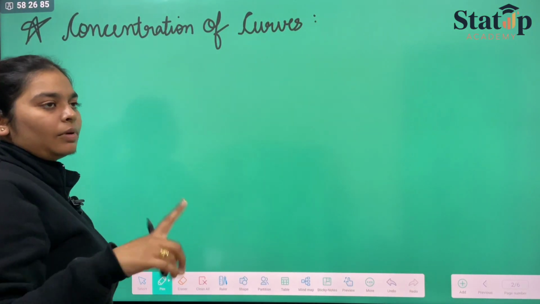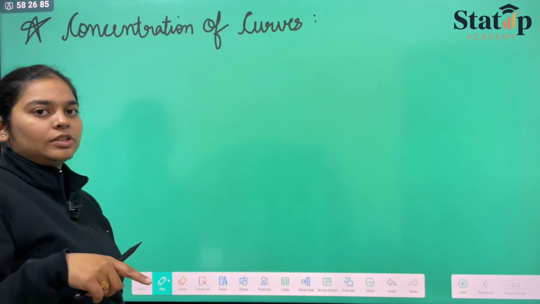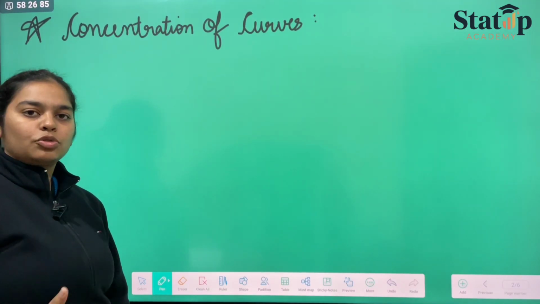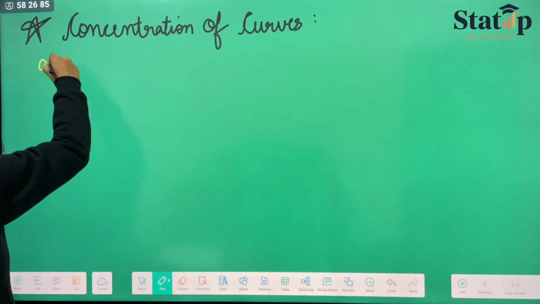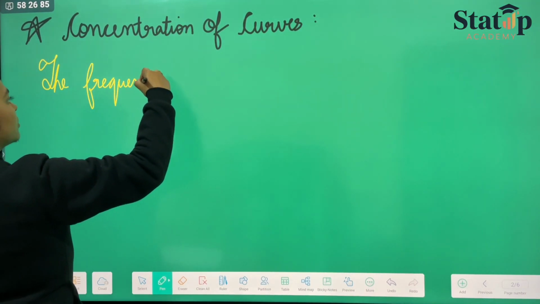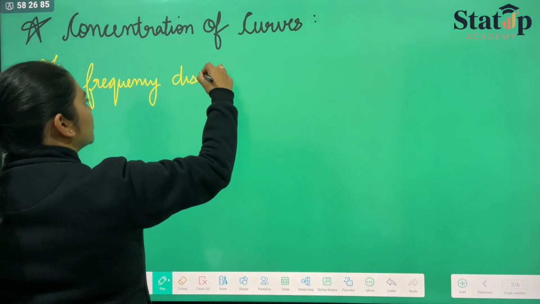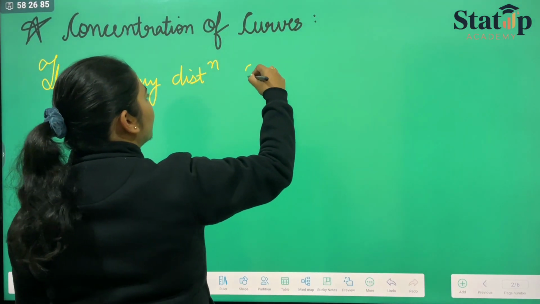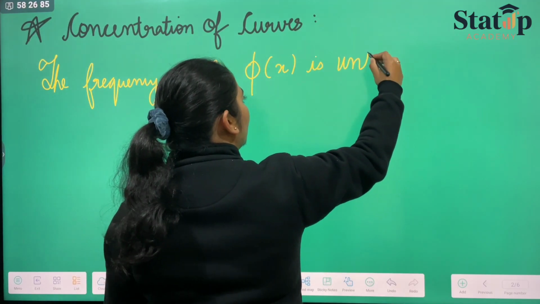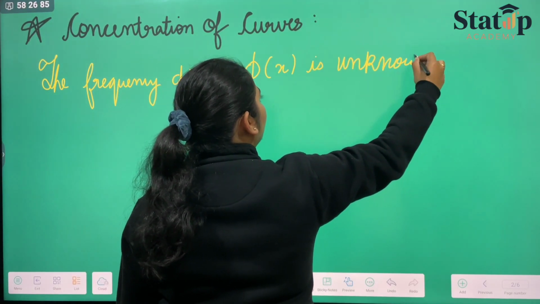Now, there was case one when we knew the frequency distribution. This is the case where the frequency distribution phi x is unknown. Here we'll use the concentration of curve.